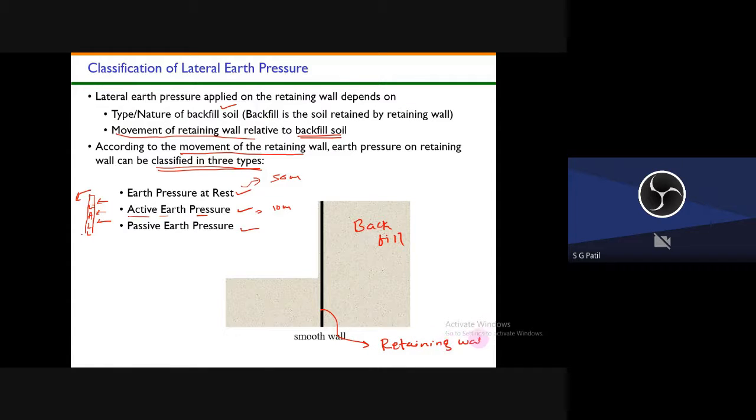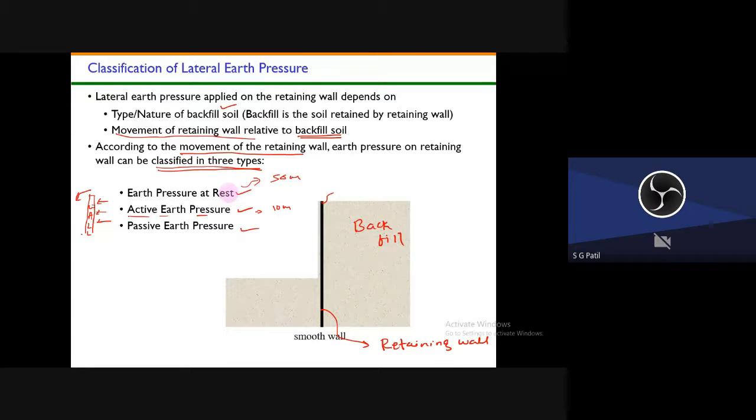Earth pressure at rest means it is not moving anywhere, so it is stationary. You are designing this wall so rigidly that whatever backfill pressure is there is not able to push this wall. Those are called earth pressure at rest condition.